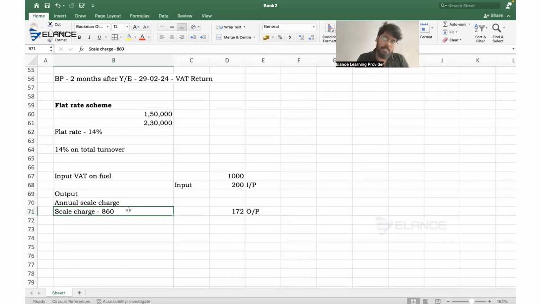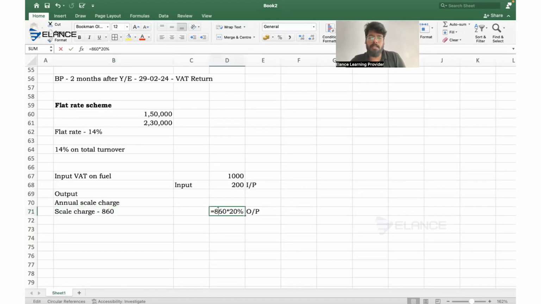Based on this 860 scale charge, we can find out the output VAT. I can find out the output VAT by using the tax element of this 860. That will be my output VAT. So 860 into 20%. That is the output VAT.